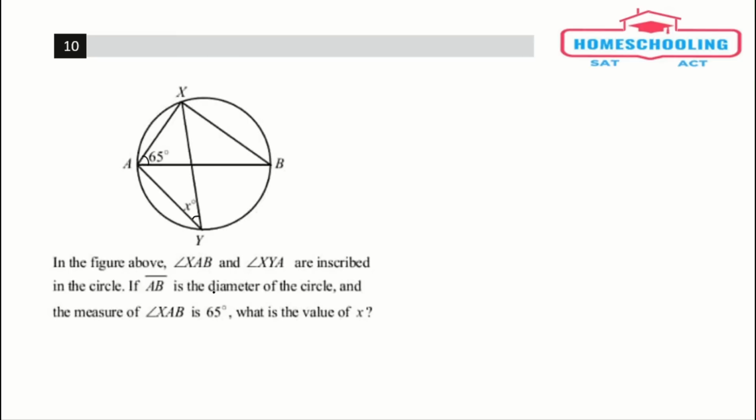If AB is diameter, so it is passing through the center of the circle, and the measure of angle XAB is 65 degree. So angle XAB, this angle is 65 degree. So we have to find the value of x.